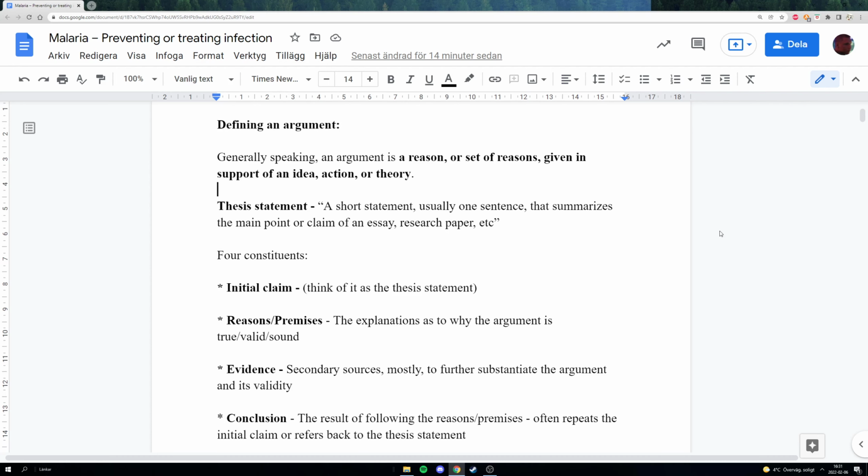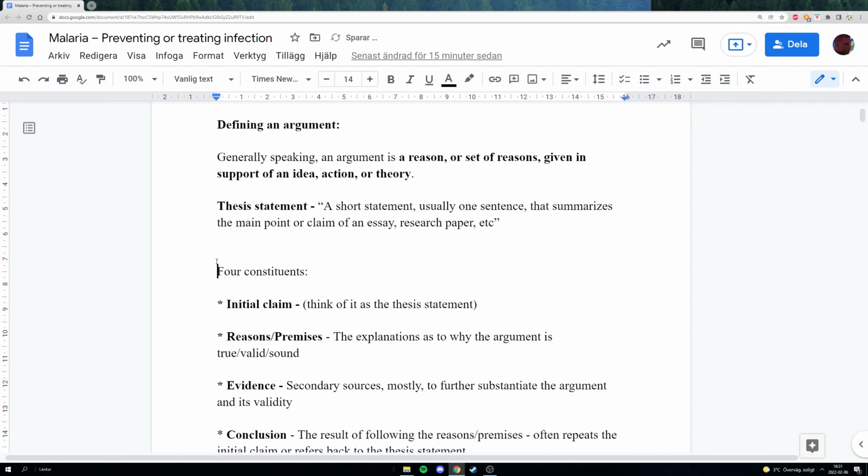One more thing that we need to also know the definition of is a so-called thesis statement, because we're going to be looking at a full text later on which has a thesis statement in it. And a thesis statement is quite simply a short statement, usually one sentence long, that summarizes the main point or claim of an essay, research paper, and so on.